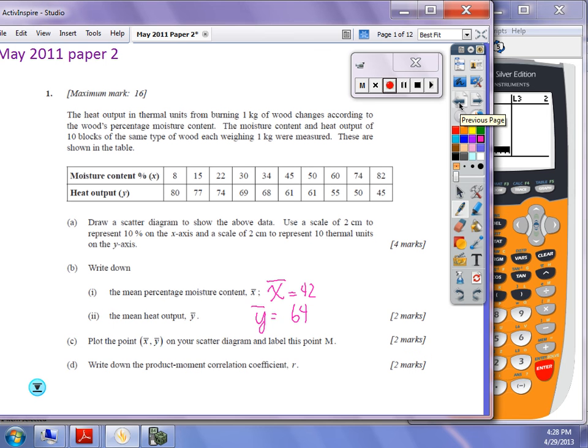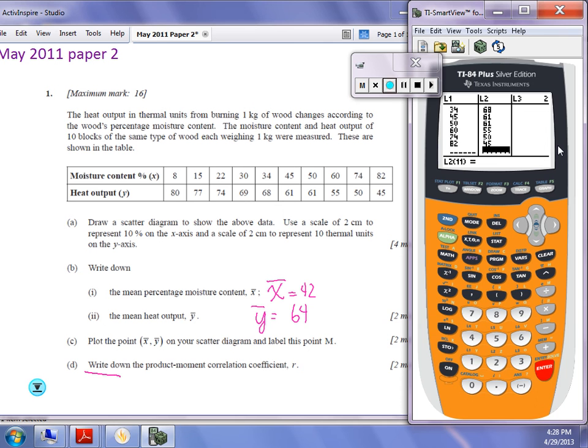Write down the product moment correlation coefficient R. To calculate the correlation coefficient, when it says write down, you need to make sure that your diagnostics are turned on. In your calculator, you do that by hitting the second button and then 0, which is the catalog, and scrolling down till you see DiagnosticOn.